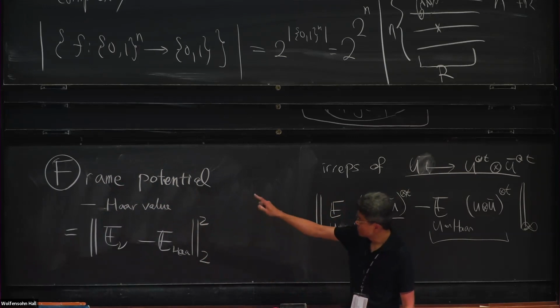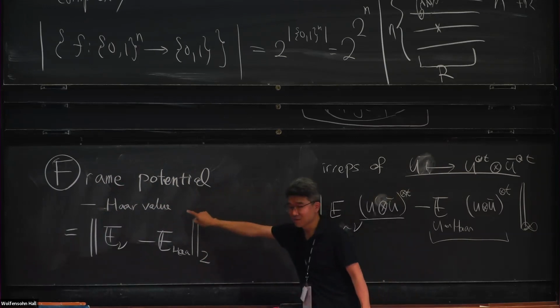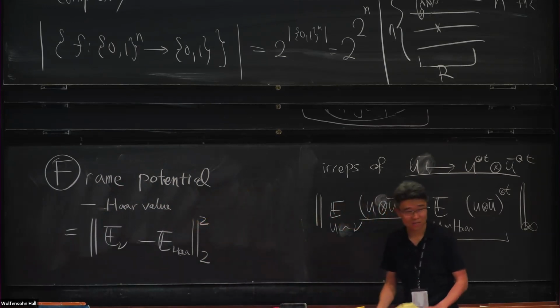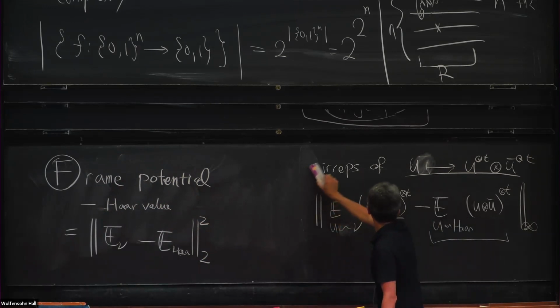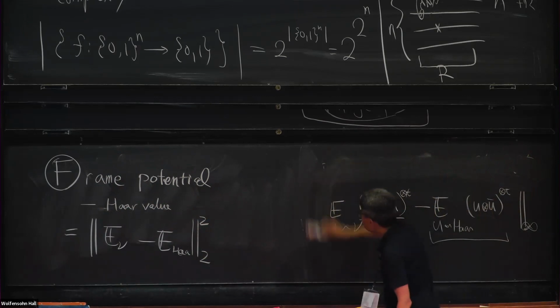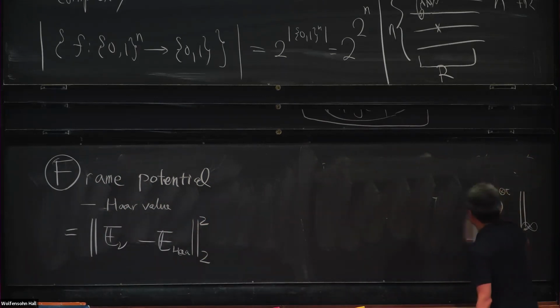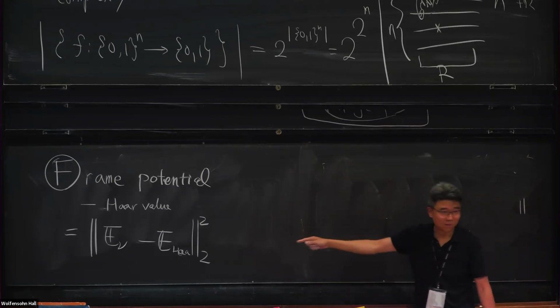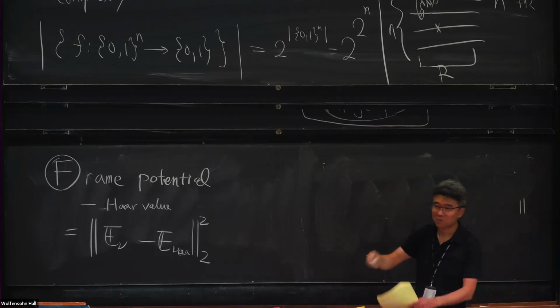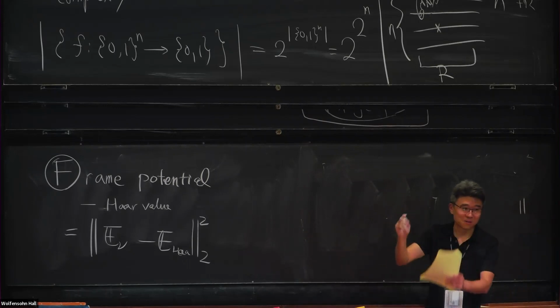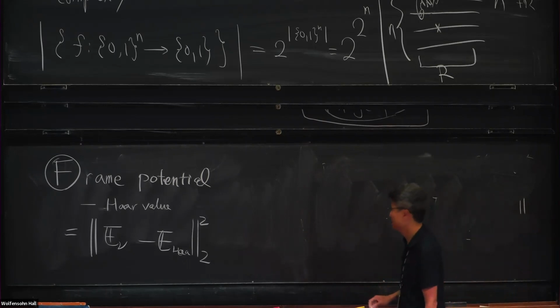So the square root of the frame potential minus its Haar value is a metric. And this is an abbreviation of what I wrote previously: the expectation value of U tensor U bar raised to the power t.